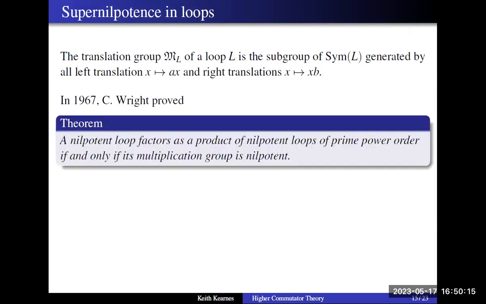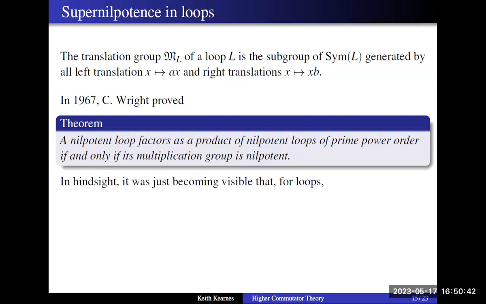And Charles Wright, a student of Bruck, proved that a nilpotent loop factors as a product of nilpotent loops of prime power order if and only if its multiplication group is nilpotent. So he starts with a loop that is centrally nilpotent, not quite a good concept, but if the associated right multiplication group is also nilpotent, we get a nice prime power decomposition of the algebra.